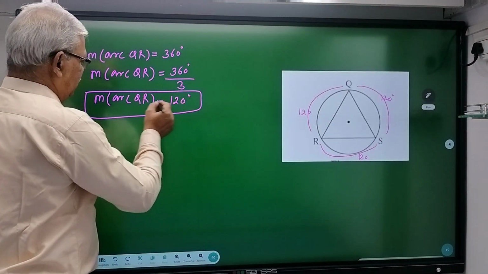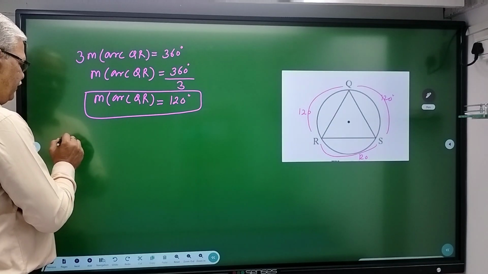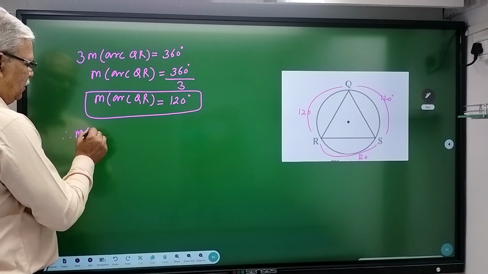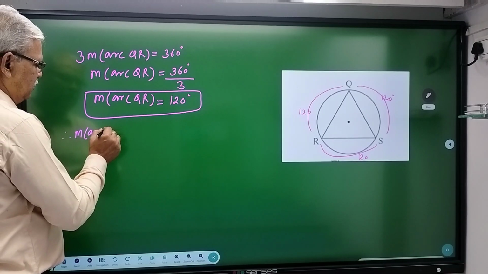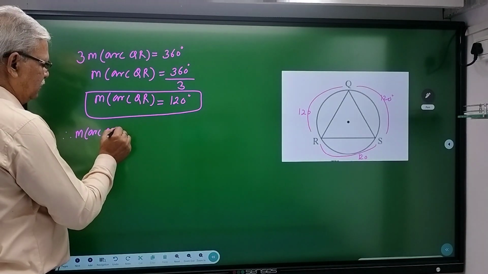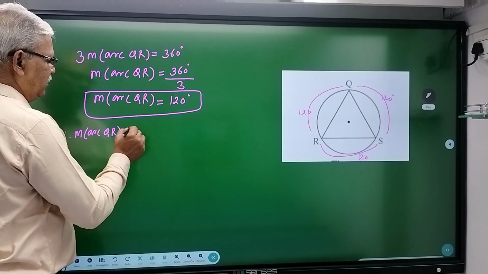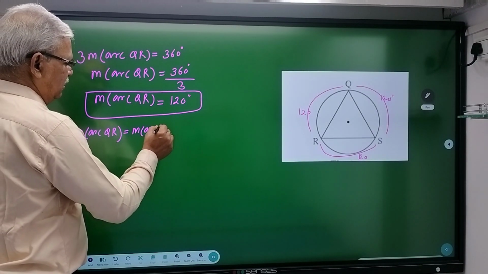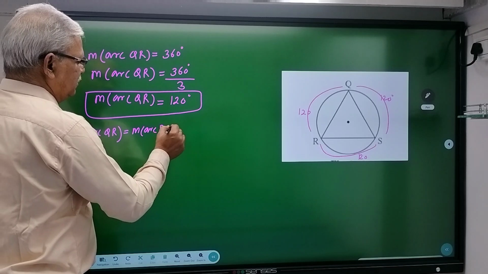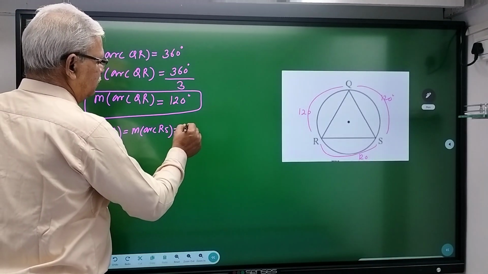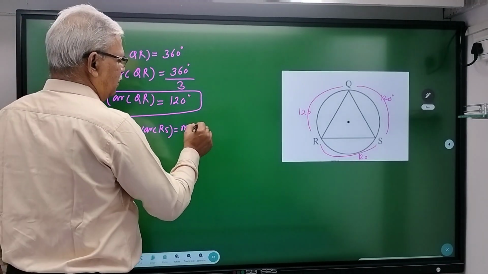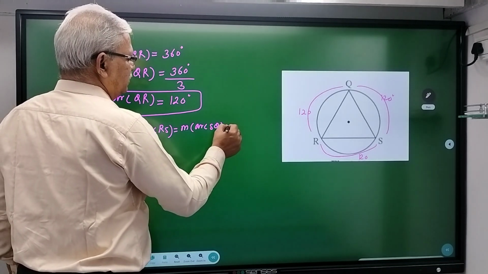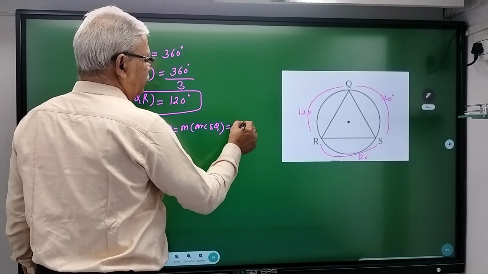Now see, therefore, we will write here measure of arc QR is equal to measure of arc RS is equal to measure of arc SQ is equal to 120.